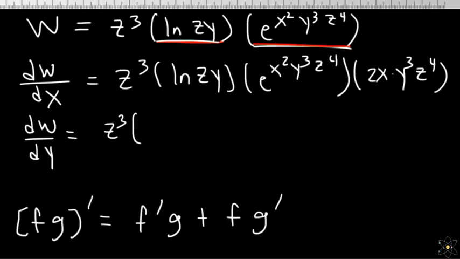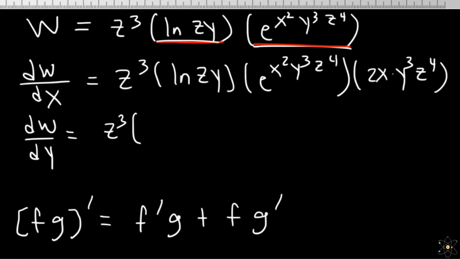So the derivative of zy is simply z times 1, or z. We're just differentiating the y variable, divided by the original zy, times the other function, which is e to the x squared y cubed z to the fourth. So this part is like f prime, and this is g.